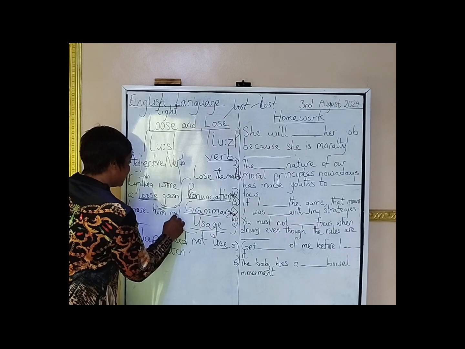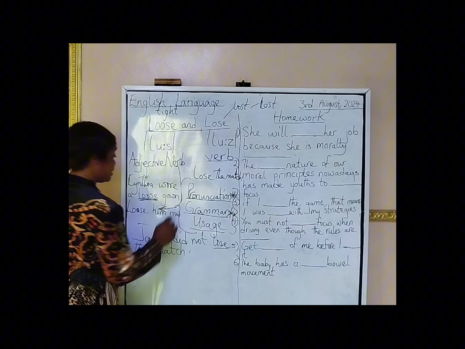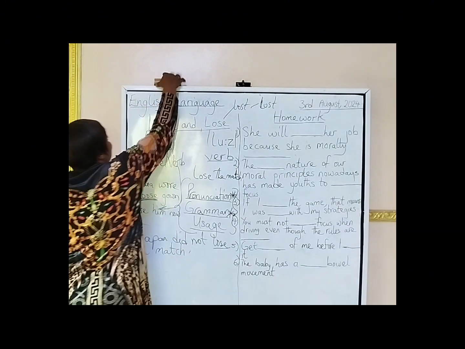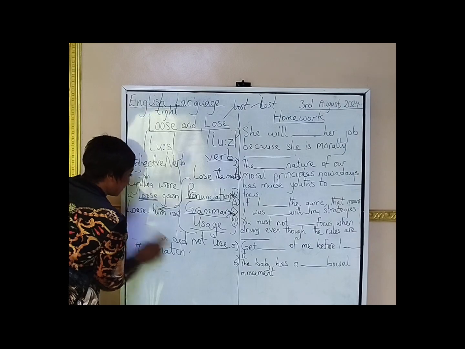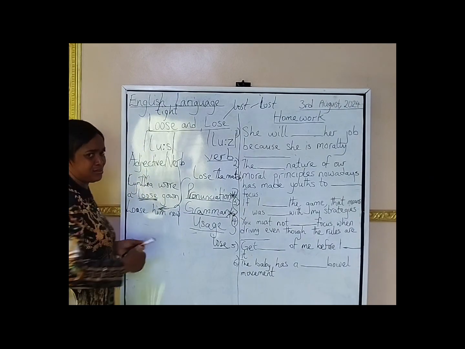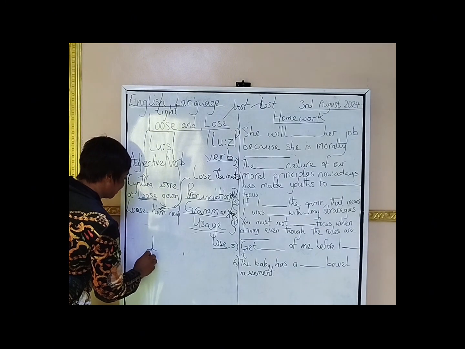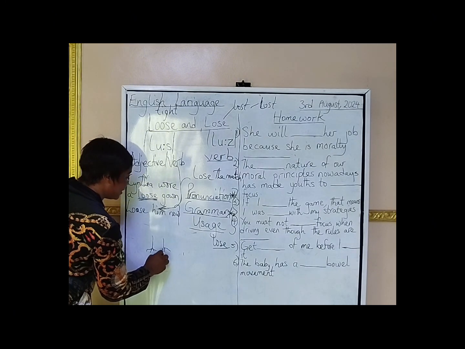Now, it could be a command, an order. Loose him now. I can also use it as a verb by drawing something, even though I'm not a good artist, but you understand what I'm doing. Let's assume this is a bird.